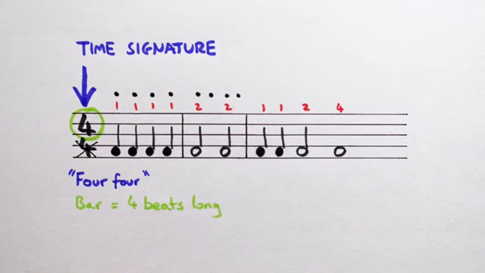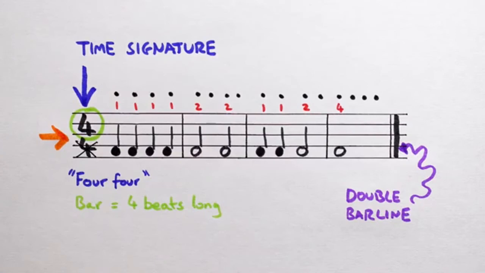Now let's look at the next. We have a quarter note, that's 1 beat, another quarter note, 1 beat, that's 2 beats so far, and then we have a half note which is worth 2 beats. So that's 4 beats, we put another bar line. And then we have a whole note which by itself is worth 4 beats. Then we have a double bar line because the double bar line means that that's the end.